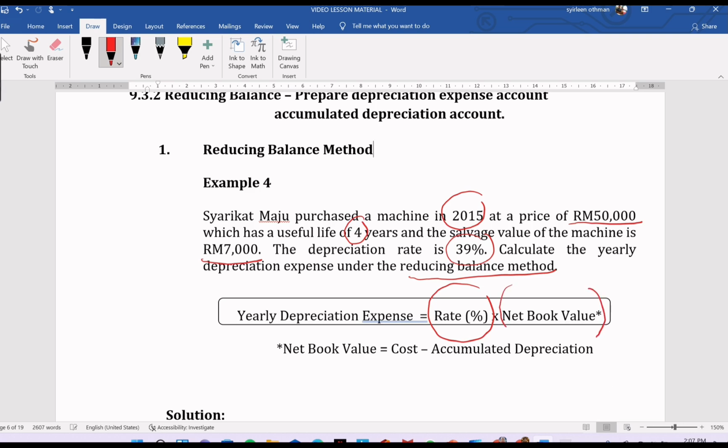Net book value, as you all remember from the earlier example, is when we take the cost of the asset and we deduct the accumulated depreciation. So every year round, the net book value will be different, so the depreciation expense for the current year will also differ based on the net book value calculations.